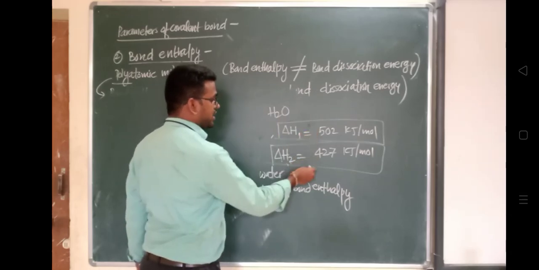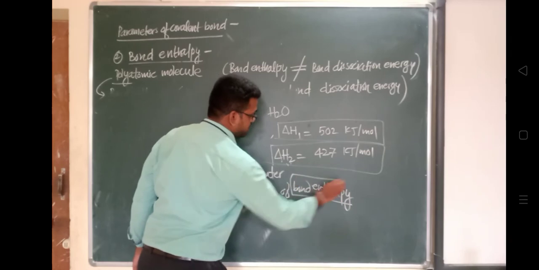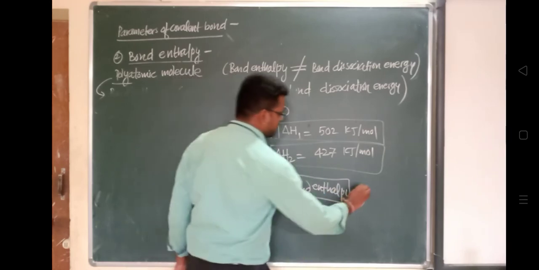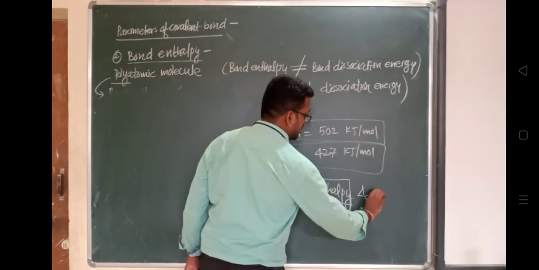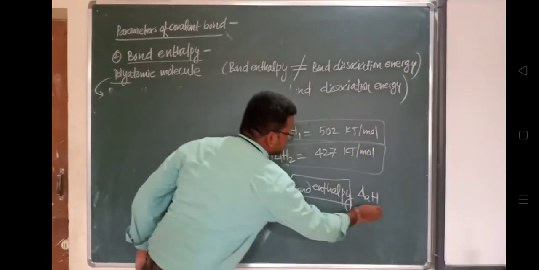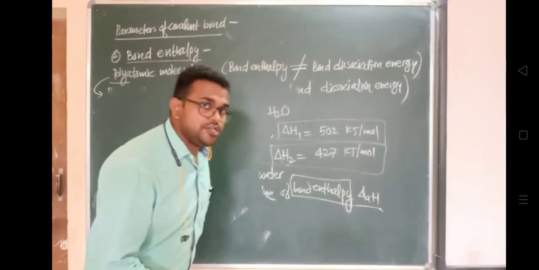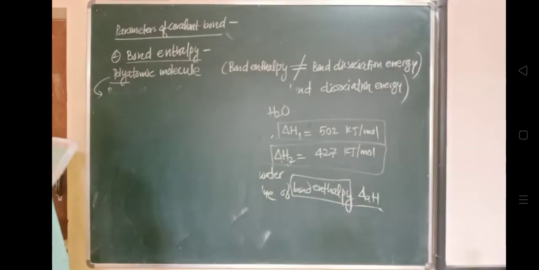Between carbon and hydrogen, it is around 400 to 415 kilojoule per mole. Carbon and nitrogen is less, around 292 to 315.